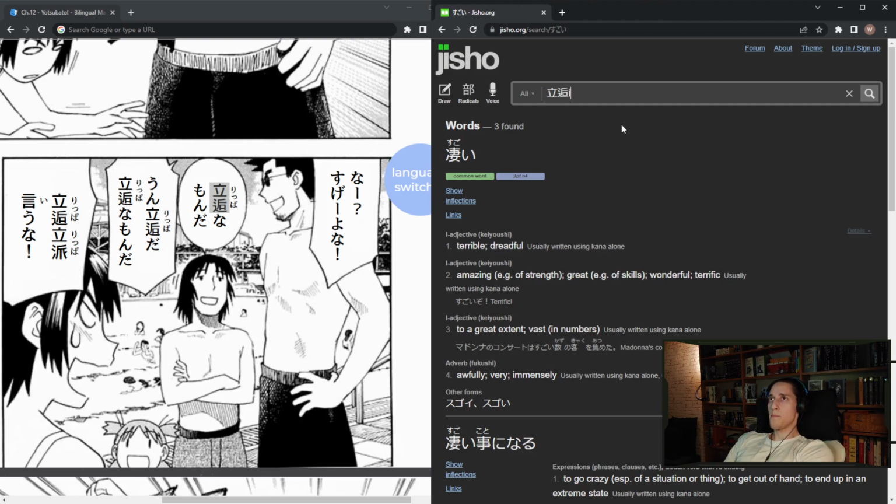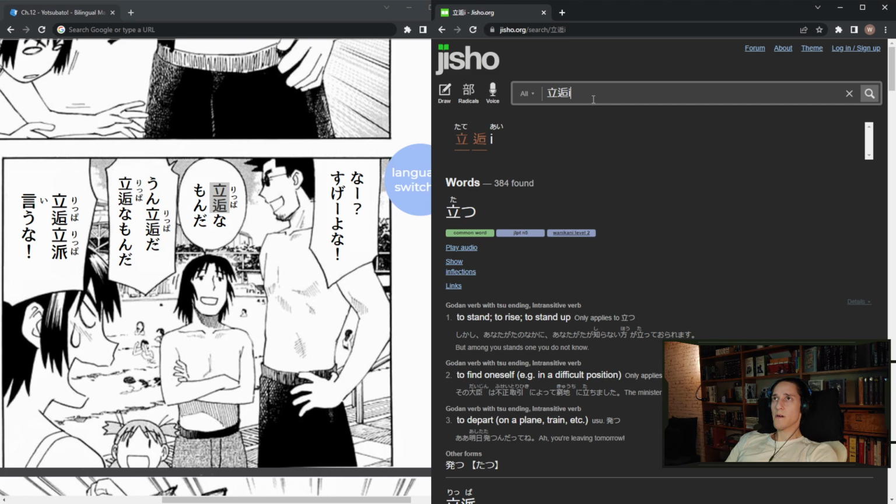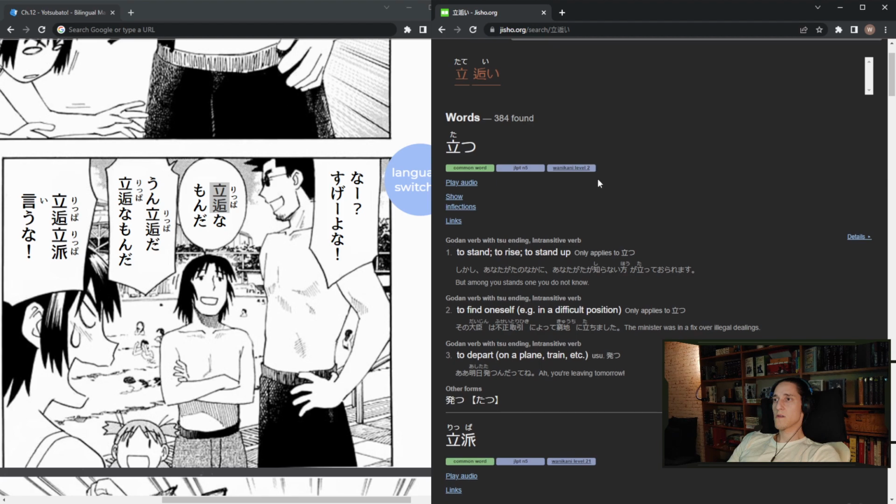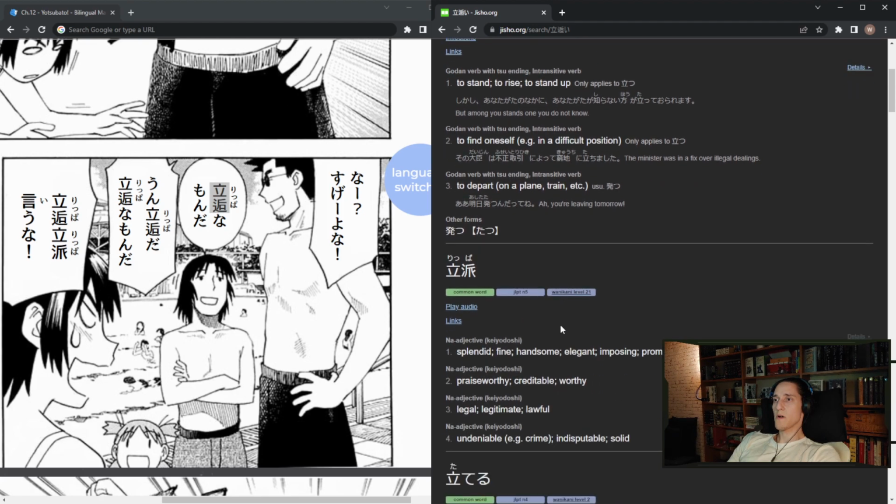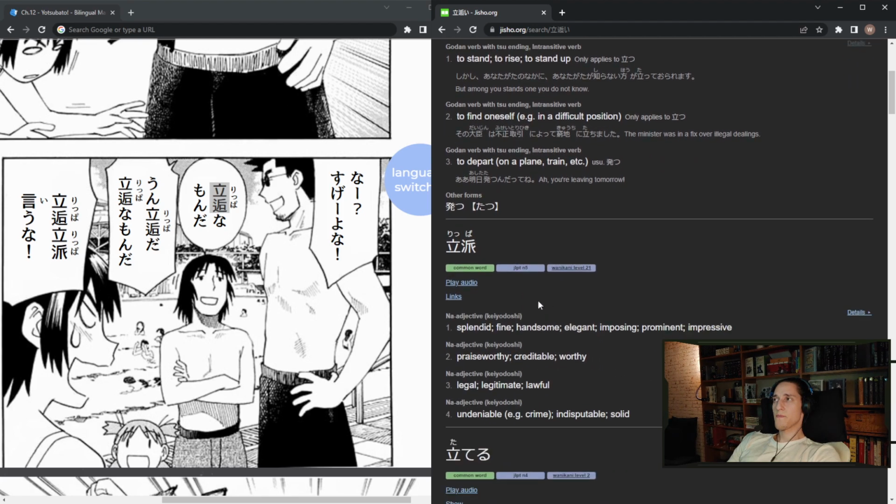Why did it switch to the Japanese keyboard again? Okay, it doesn't exist. So it's just ripa. So it's a not adjective.